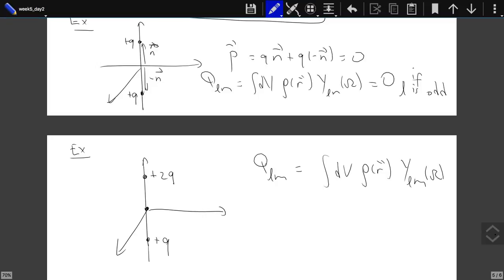Why? Because we have odd power of sine and cosine in the odd moments. So when we add plus q, and then the other charge, sorry, plus q was the other charge. But the angle is the opposite. Right? So that's why. One is at sine 0, the other one is sine pi, both of which are 0.